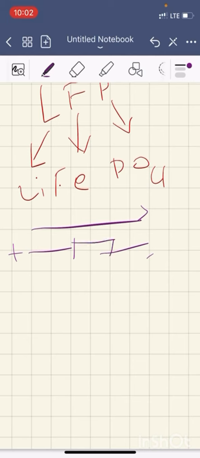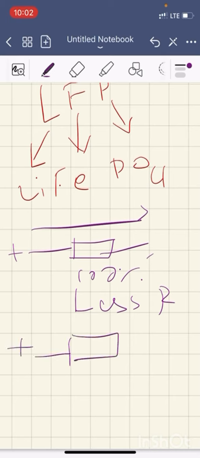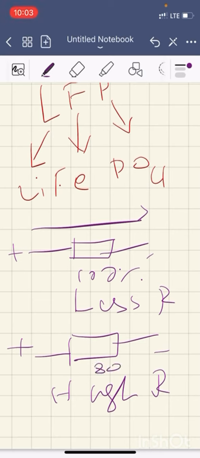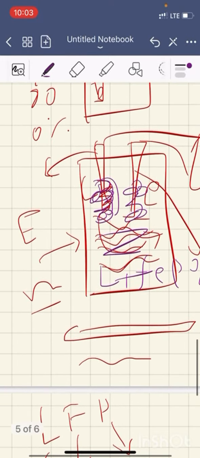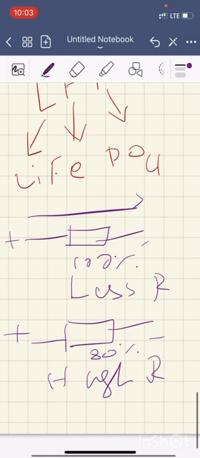If you have 100% conduction, it will have less resistance. But if you have a poor conductor, it will have a high resistance, and the conductance percentage will be lesser. So over a period of time you develop lower conductance and higher internal resistance.